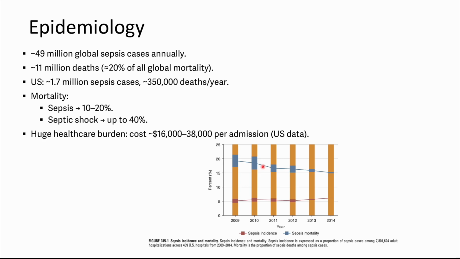So mortality is around 10 to 20% in sepsis, whereas in septic shock, it's about 40%. So there is a huge healthcare burden, costing around $16,000 to $38,000 per admission. So this isn't just a medical condition; it's a massive public health and financial problem.